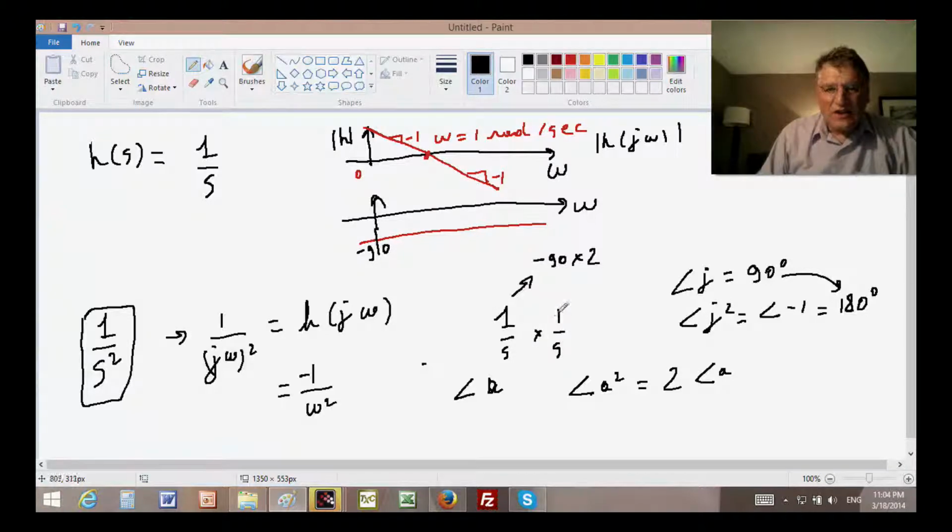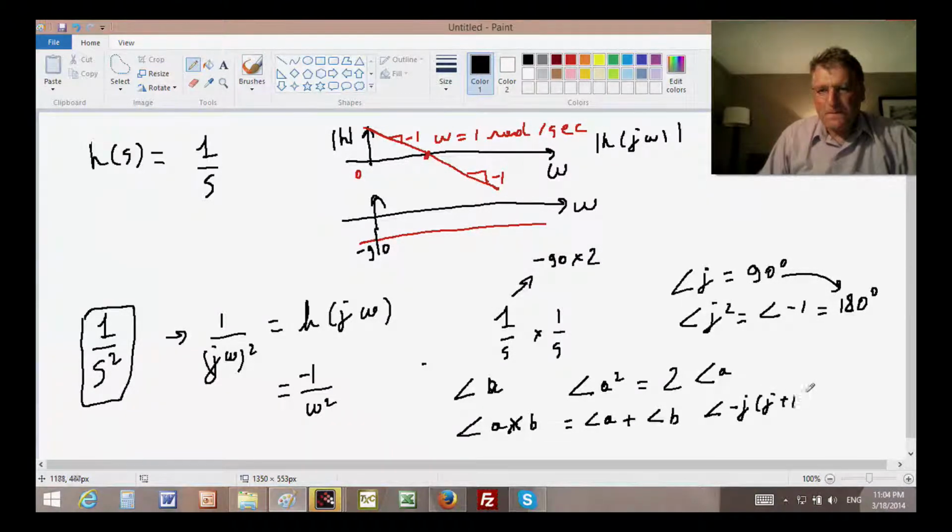Now, in general, we have that the phase of A times B, sorry, my mistake, will be equal to the phase of A plus the phase of B.